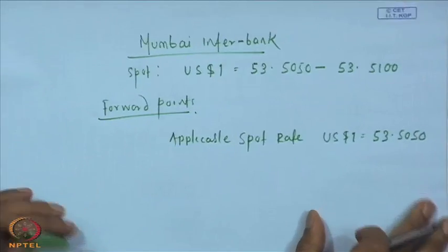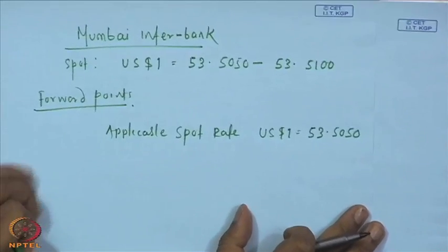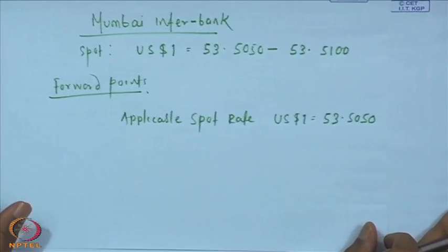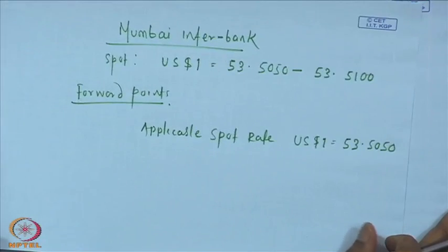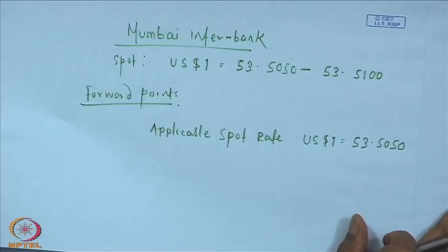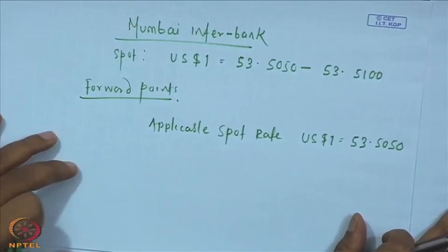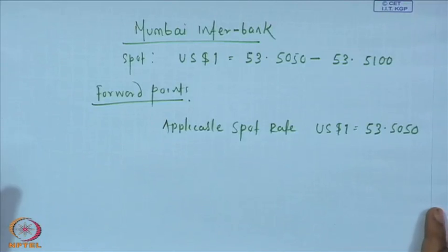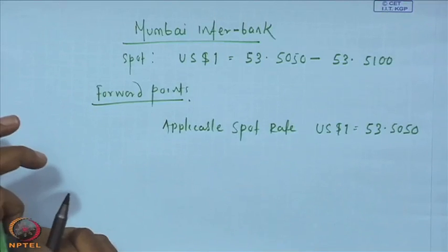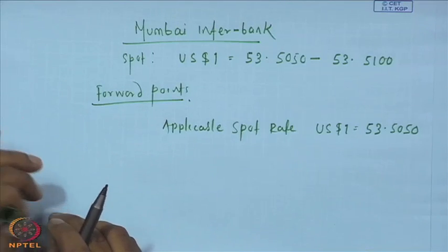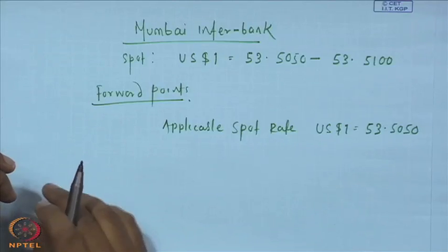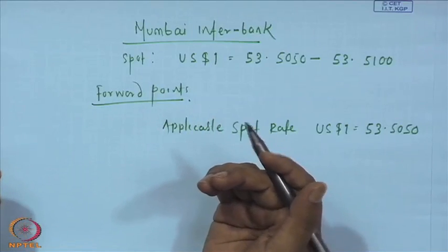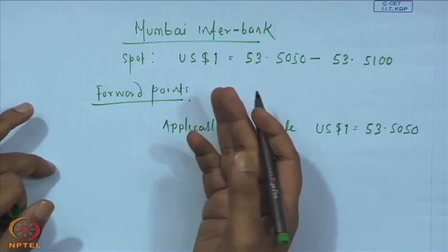This is the applicable spot rate. Okay. This applicable spot rate is 53.5050, because the less amount of rupee the authorized dealer will give to the exporter. Now, since the exporter may surrender the US dollar during the month of January, you have to estimate the forward spot rate per sale of US dollar.